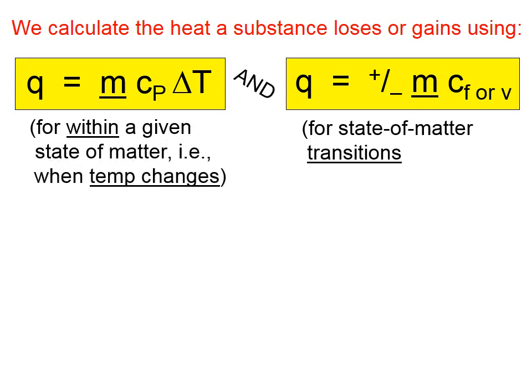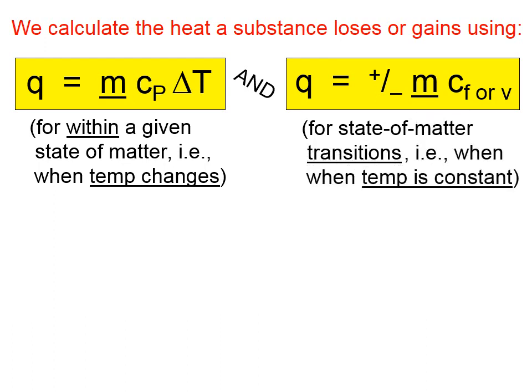In other words, on the left, within a state of matter, there is going to be a temperature change. Hopefully you've learned in previous studies of chemistry that whenever we have a transition in a state of matter, for example, when water is boiling, it doesn't change temperature while it's boiling.